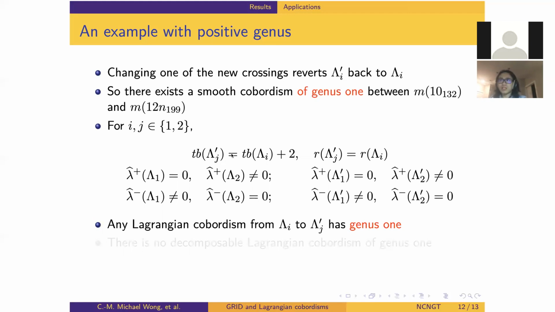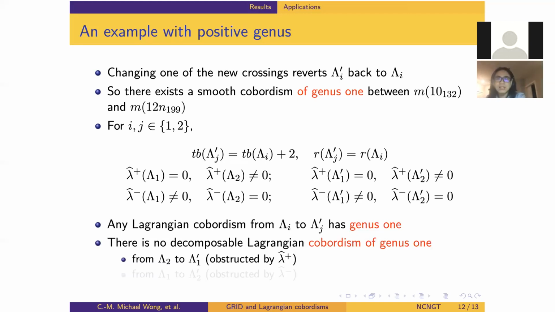So the Thurston-Bennequin number tells you that any Lagrangian cobordism from lambda i to lambda j prime has genus 1, but then there's no such thing because, as before, for example, the cobordism from lambda 2 to lambda 1 prime is obstructed by lambda plus, lambda 2 here, lambda 1 prime here. This is 0. You cannot send 0 to non-zero. And similarly for the other direction.